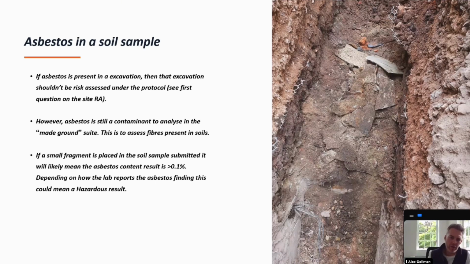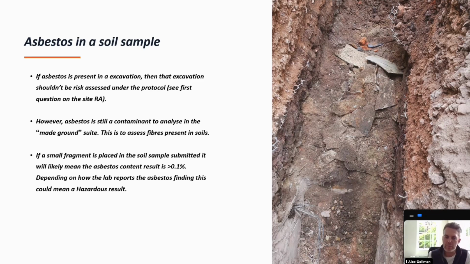And if small fragments are present in the ground and they do find their way into a soil sample, that is going to affect the results, obviously, but also the key parameter when you're assessing asbestos is the percentage within that soil sample, with 0.1 being the key difference between a hazardous and a non-hazardous result, or a visible fragment being present.